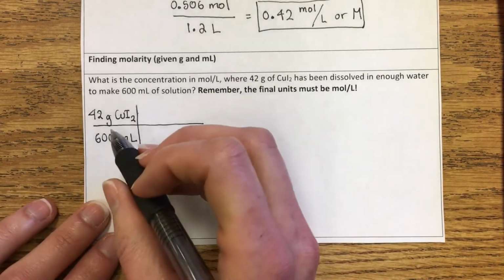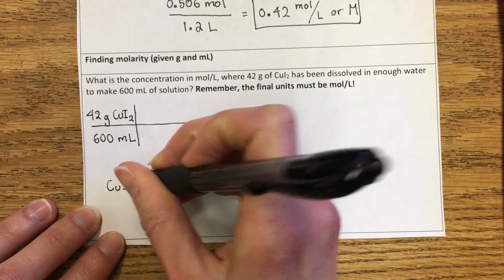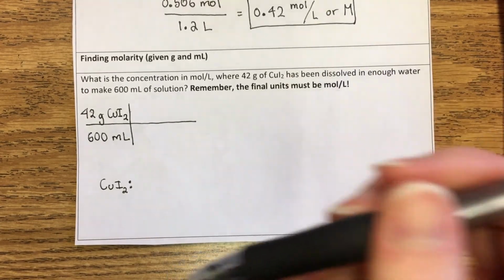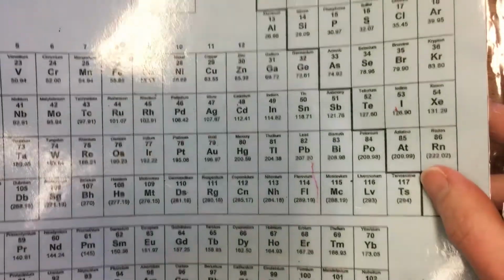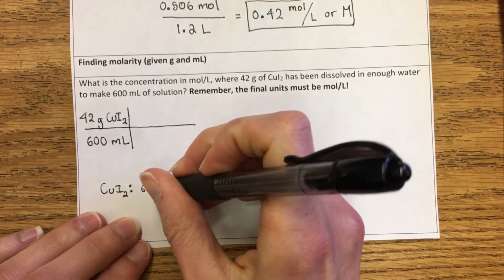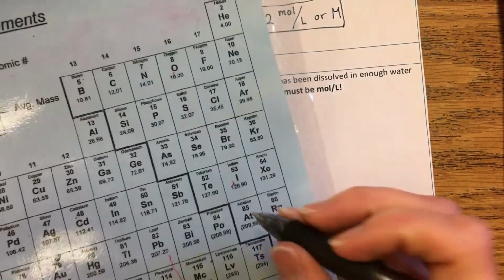So hopefully you remember that to convert grams to moles, we have to use molar mass. So I'm going to find the molar mass of copper iodide down here. Let me just grab a periodic table. Okay, so the molar mass of copper is 63.55. And then I've got two iodines, so that's going to be 126.90.